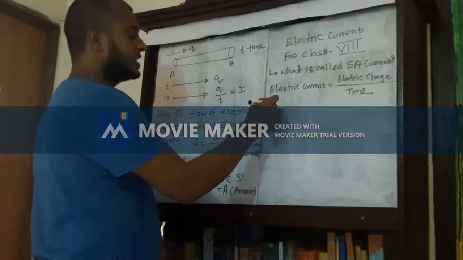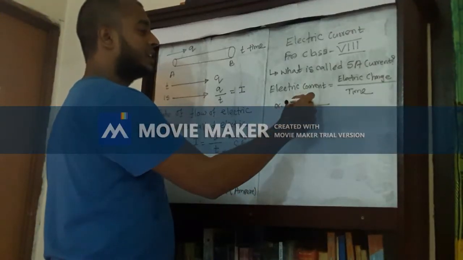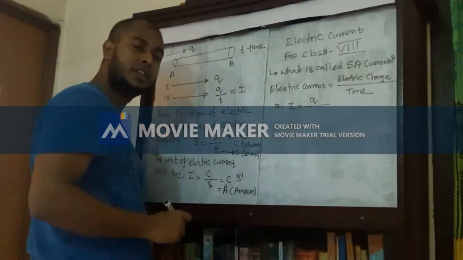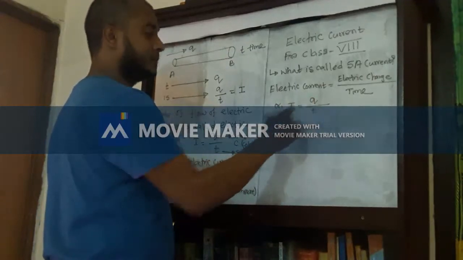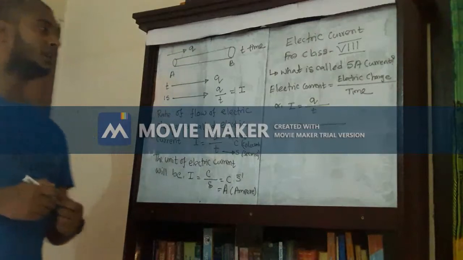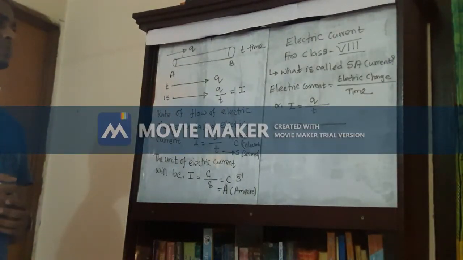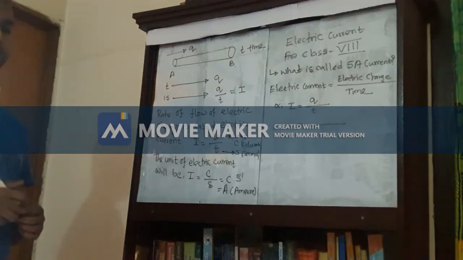Now, electrical current is represented by capital I, electrical charge is capital Q or small q, and time is T. Now, the division format here must be 5 ampere.